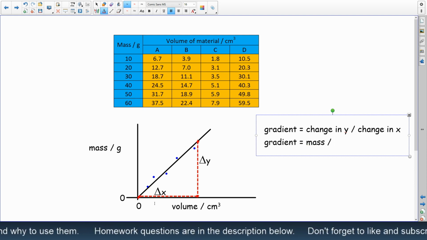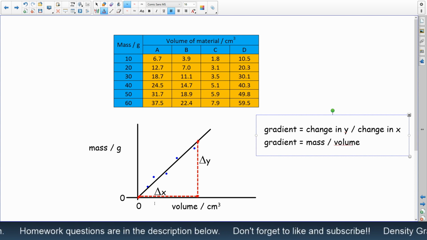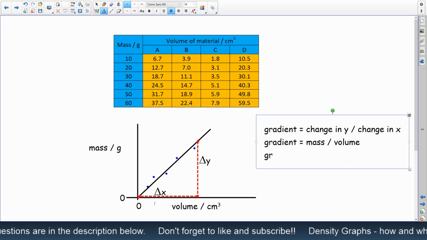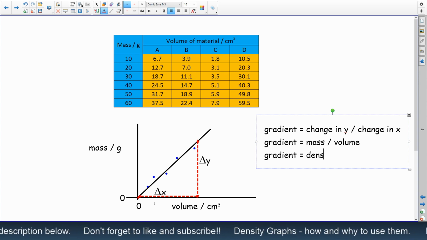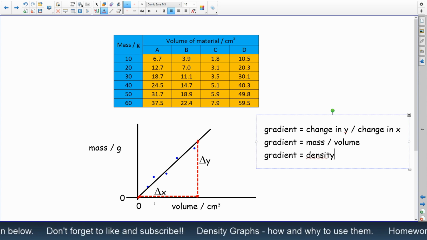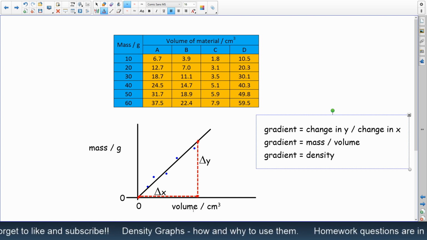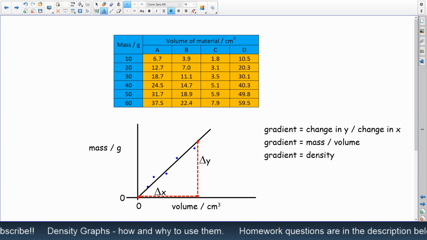And my change in x is just the volume of the object. So my gradient is the mass divided by the volume. But the mass divided by the volume is the density. So if I draw my graph this way round, with mass up the side and volume across the bottom, then the gradient of my line will be the density.